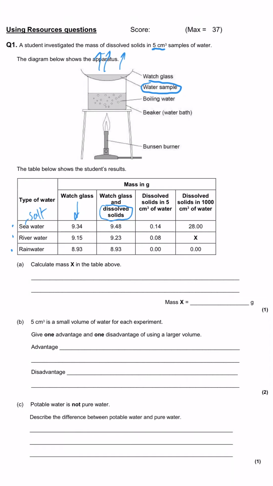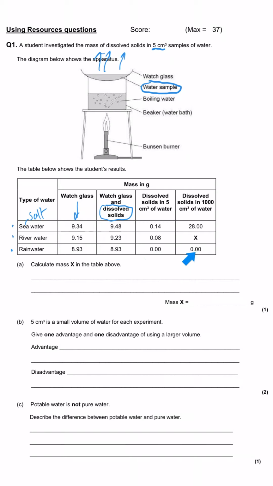And then they've done the same for the other 2 substances, river water and rainwater, and you can see that the watch glass for rainwater was 8.93, and then it was still 8.93 after the water had evaporated and the dissolved solids had been left behind. What that means is there weren't any dissolved solids in this particular sample.